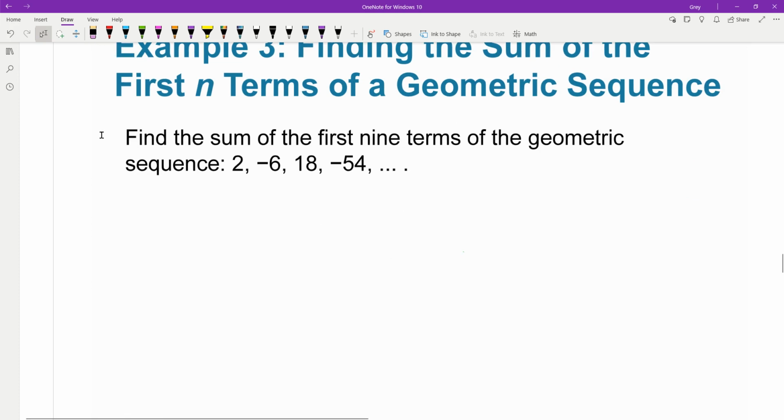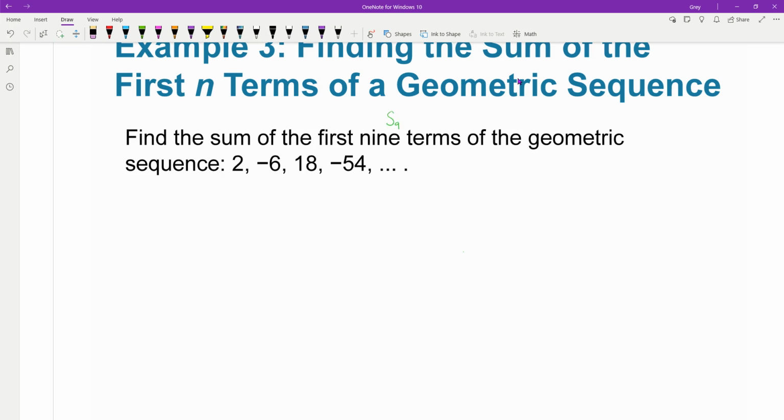Example 3, finding the sum of the first n terms of a geometric sequence. So I have 2, -6, 18, and -54, and so on. They want the first 9 terms, so that's S sub 9.